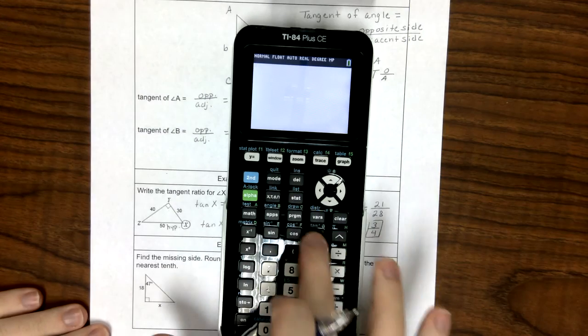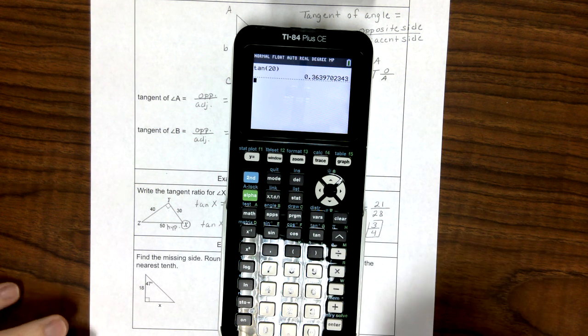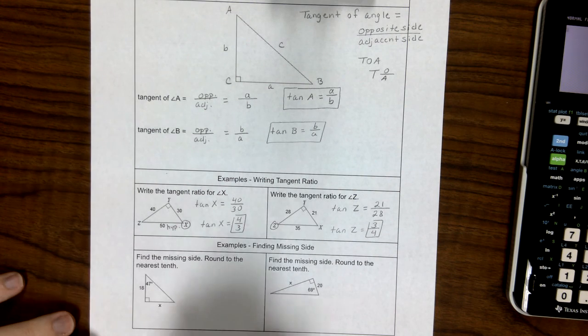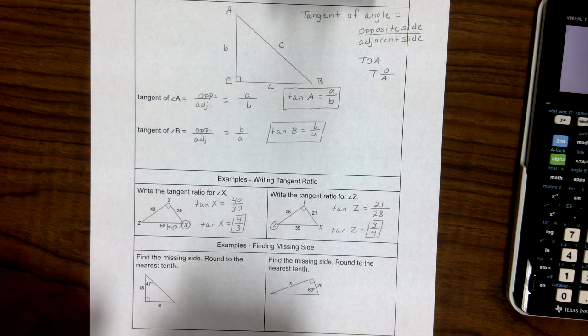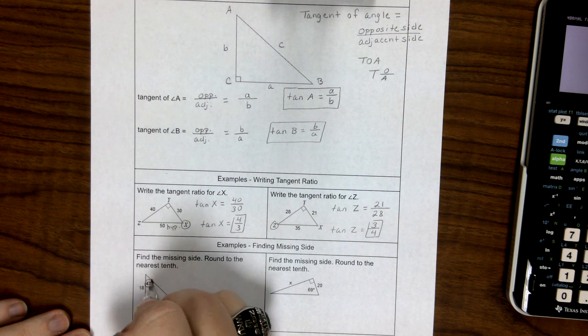Like, look at this. Tangent of 20. That's disgusting. So we'll need to round our answers, okay? Now, every time you do a problem on trig, never use the 90. Use the angle they gave you. So if you need to, circle that angle that you're going to use.